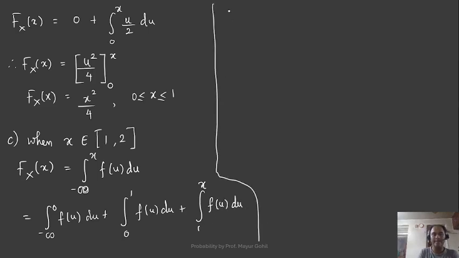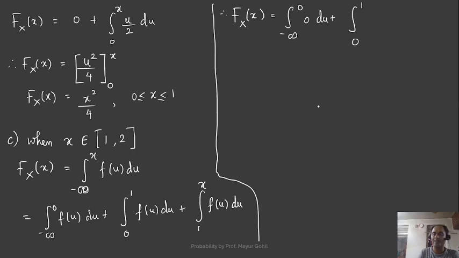Now when you write your capital F here, the first value is 0, so from minus infinity to 0 the value of the function is 0, gone. Now this small f is what is given here, so it is the PDF, right?